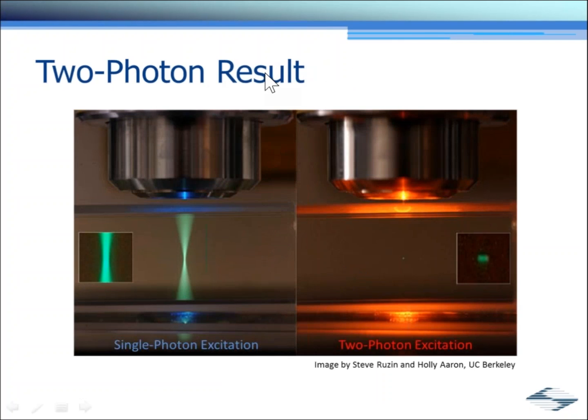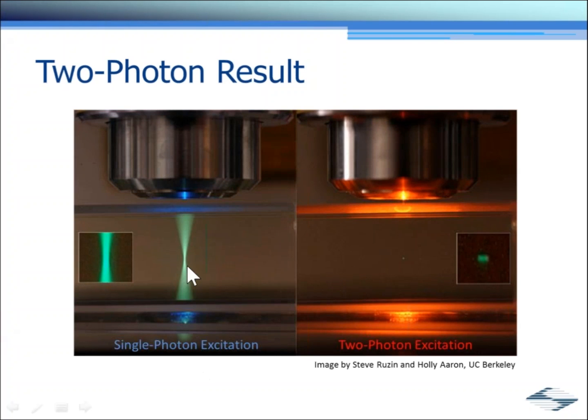So what does that look like? Well, here in this image, we see an image on the left and another image on the right. The image on the left is showing a single photon excitation beam traveling out of the objective above and traversing downward. We see the beam going all the way through this fluorescent medium.